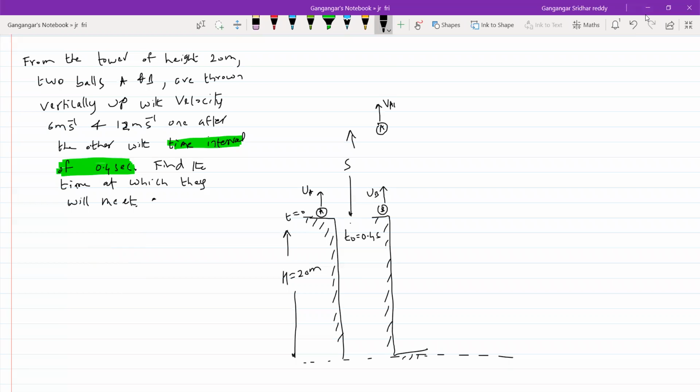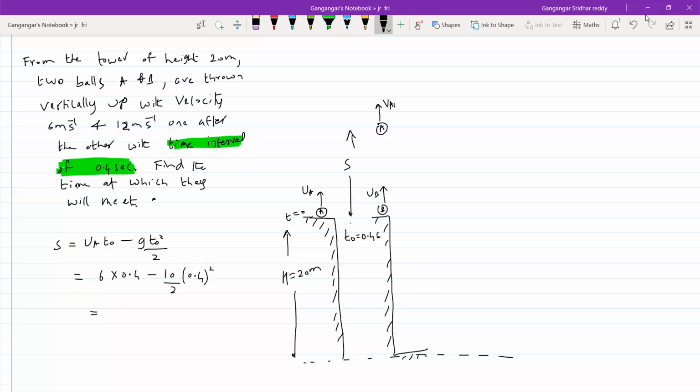Okay, no. So let's calculate S because that S is needed for us in the calculation. So how to calculate S? Sir, S is 1.6, sir. Yeah. UA into T naught minus G T naught square by 2. Value of UA is 6. This will be 0.4 minus 10 by 2, 0.4 whole square.